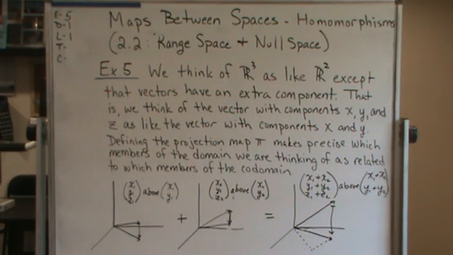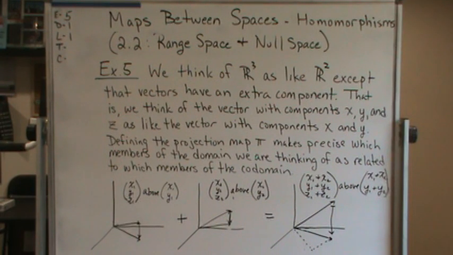So the shadows add up, or what am I trying to say? That the shadows preserve addition. Now, thinking of the projection pi as the shadow of the vector v, pi of v is the shadow of the vector v in the plane.